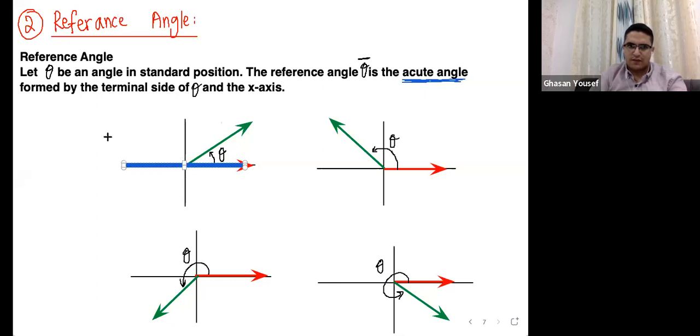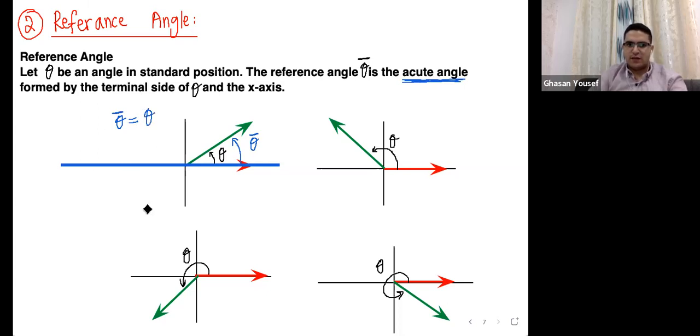And this is my terminal side, the green one. So the acute angle between the green one and the positive x-axis is this. So this is my reference angle. So in the first case, my reference angle is the same as my original angle.